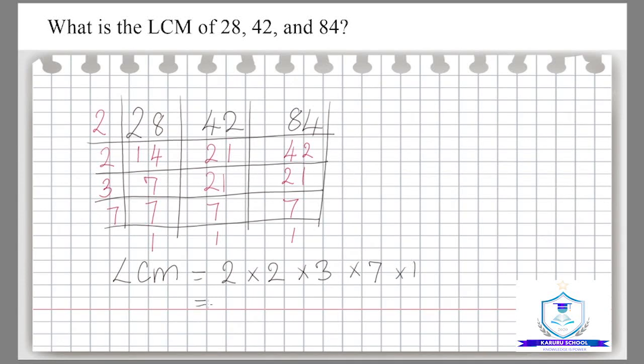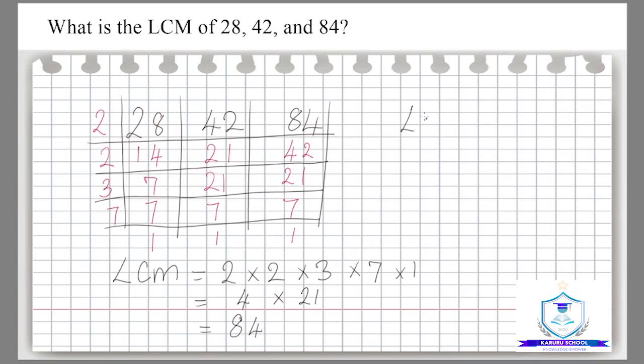So if we simplify this, we will get the least common multiple between 28, 42 and 84. And this one we can simplify the expression by multiplying 2 by 2, that gives us 4, multiplied by 3 multiplied by 7 is 21, multiplied by 1 gives us 21. So 4 multiplied by 21 gives us 84.